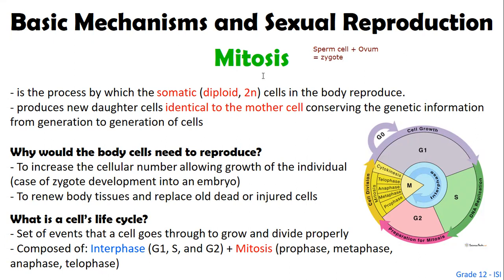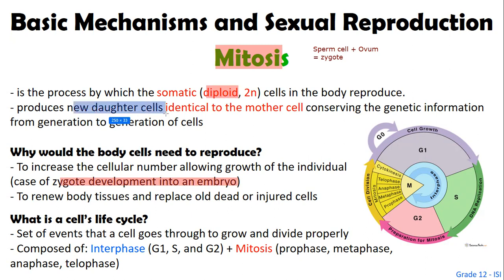This first cell needs to divide many times to produce a multicellular organism. This division is called mitosis. So what is mitosis? Mitosis is a process by which a diploid cell divides many times to produce identical cells.